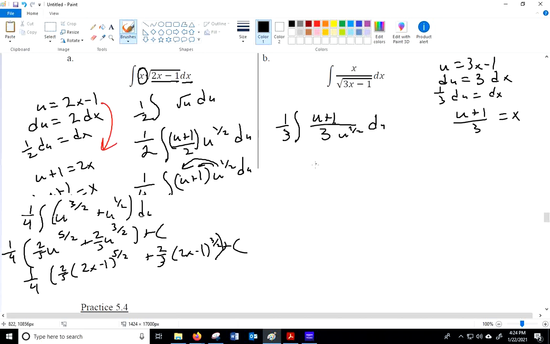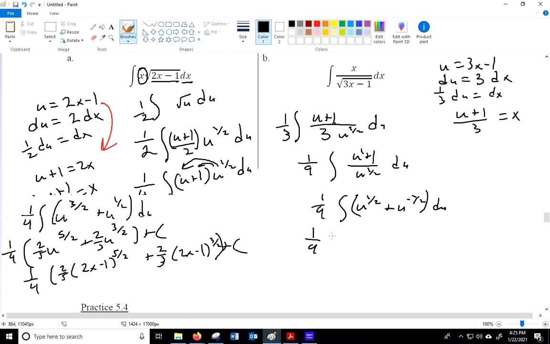I can bring out this 1/3, making this 1/9 times the integral of (u plus 1) over u to the 1/2 du. And now, because this is just a monomial, earlier there's nothing I could do, but now I can actually divide by it. Making this u, that's u to the first, divided by u to the 1/2 is u to the 1/2. Subtract the exponents. Plus 1 over u to the 1/2 is u to the negative 1/2.